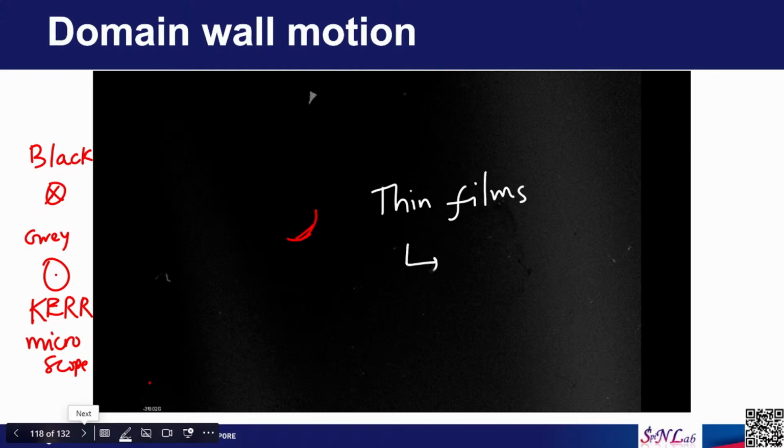Let us say you deposit a piece of cobalt film or any film without some special technique. So, this film usually forms the case where you have multi domains.